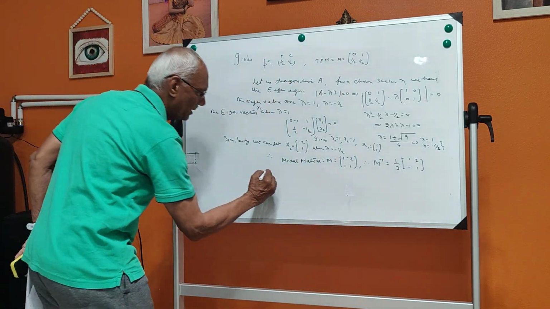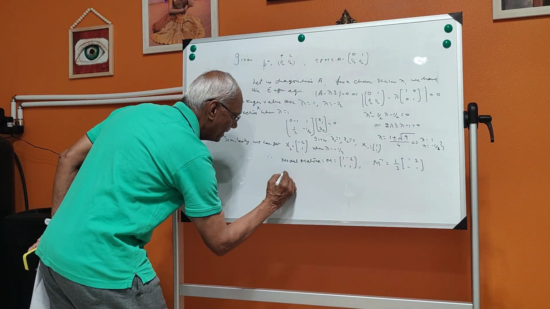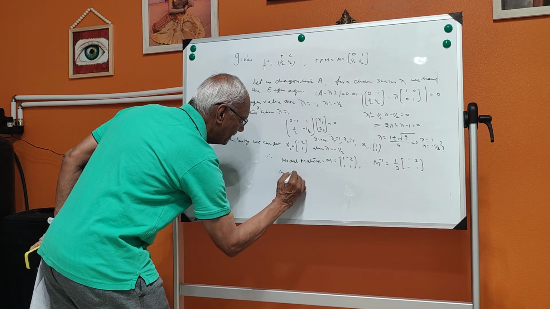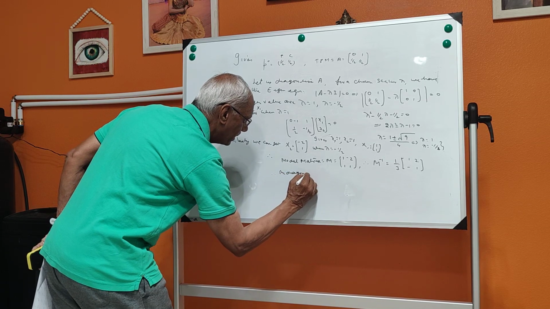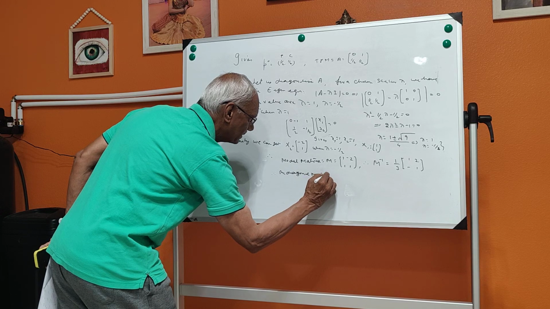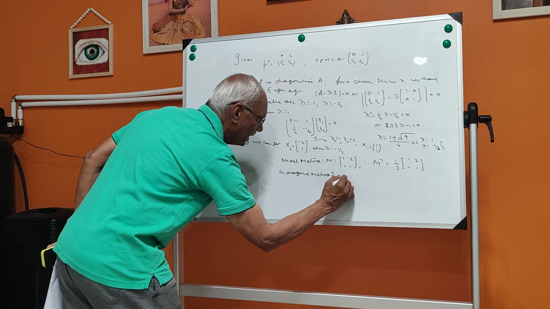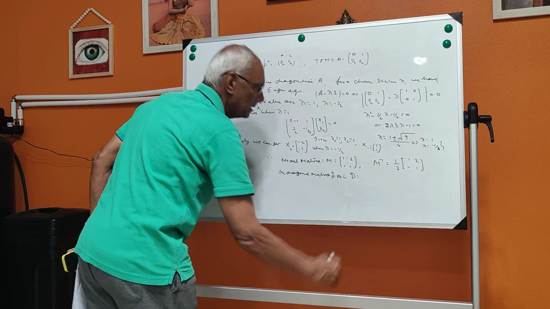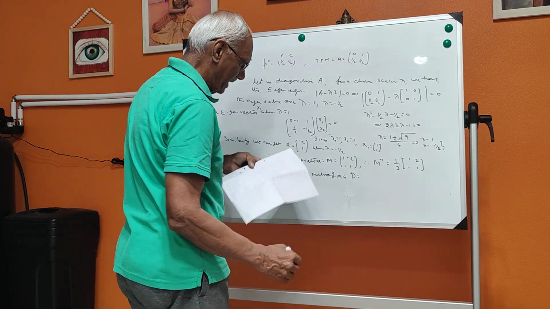Therefore the diagonal matrix of A is D. How do you get this diagonal matrix?